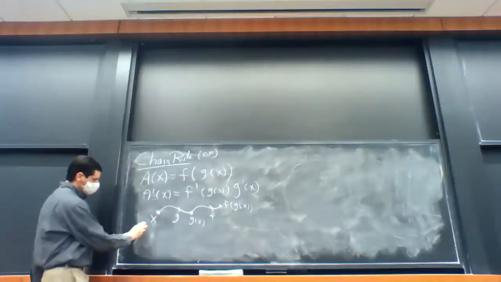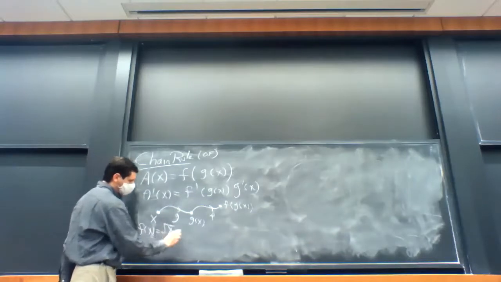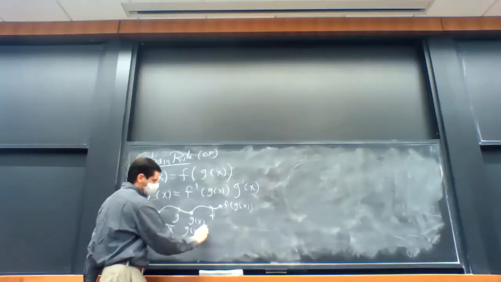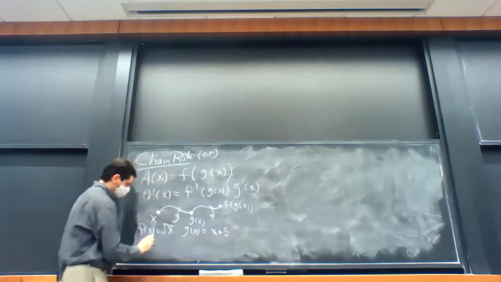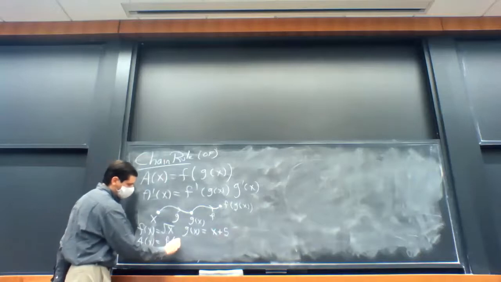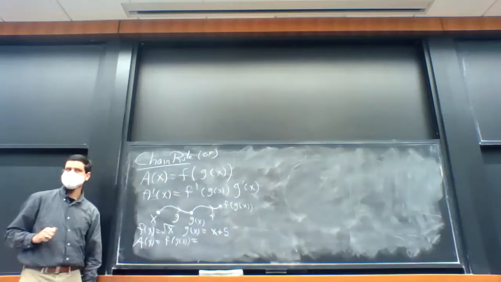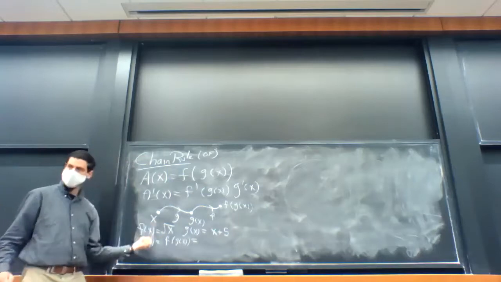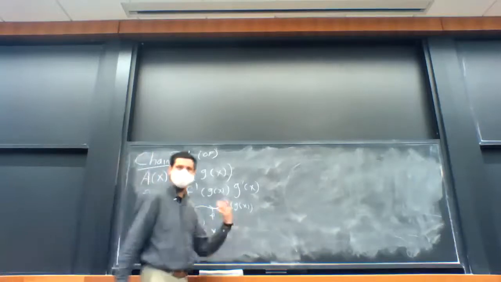As an example, imagine we have f of x is the square root of x, and g of x is x plus 5. If I look at a of x, that's f of g of x. There's two ways to do this. The first way is, look, f of input is square root of input, g of input is input plus 5.